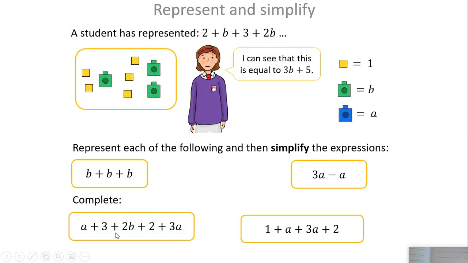Have a go at these two as well. Hopefully you should have got 4a plus 2b plus 5. Try this one. Okay, and hopefully you should have 4a plus 3.